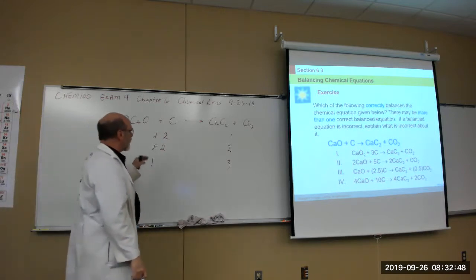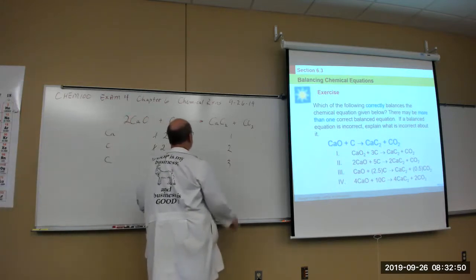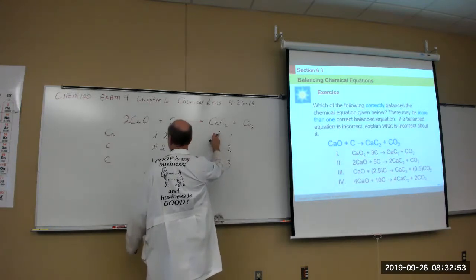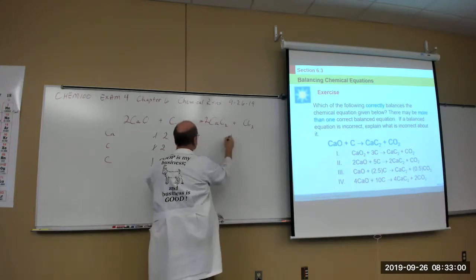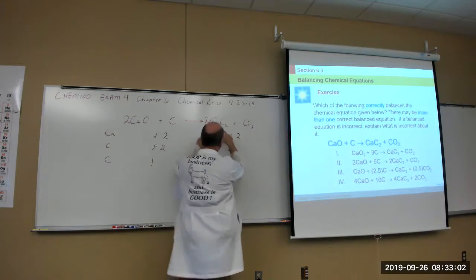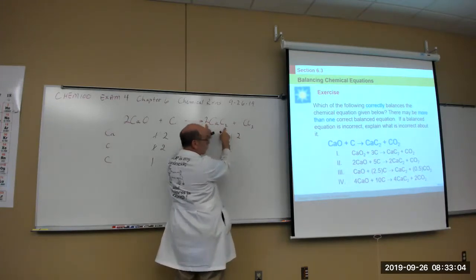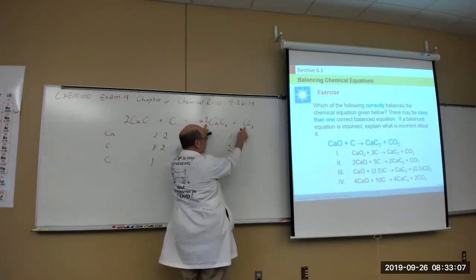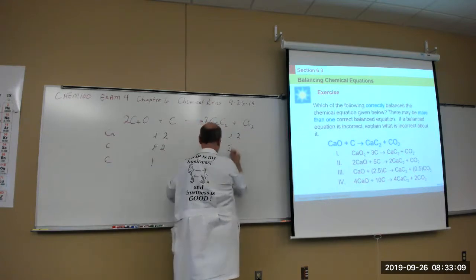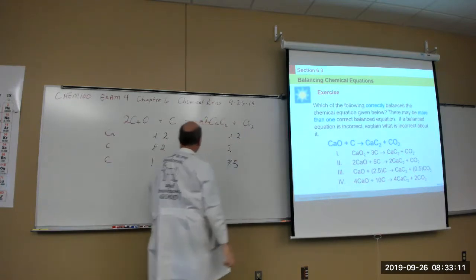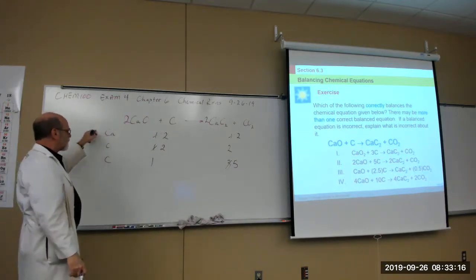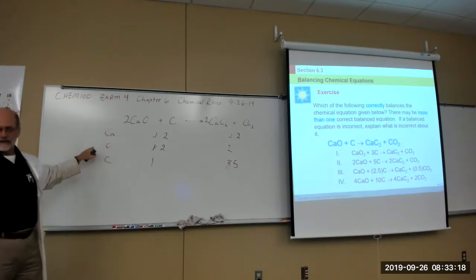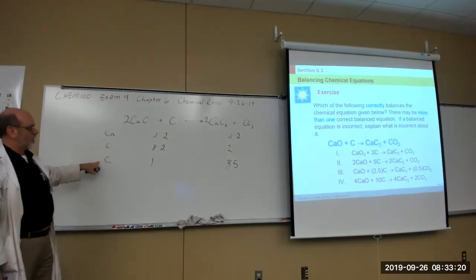So we go over here and look at calcium and say, all right, what if I put a 2 in front of this calcium? That would give us 2 calciums here. But it would give us 2 times 2 is 4, plus 1 is 5 carbons. Okay, so now we have our calciums and oxygens balanced, but the carbons are not balanced.